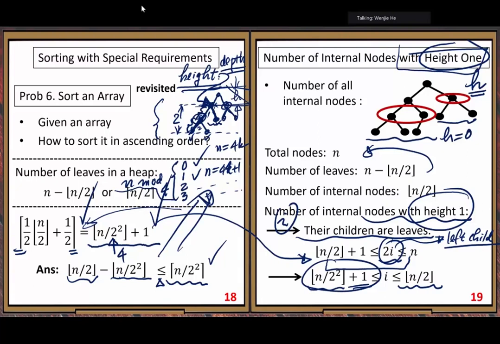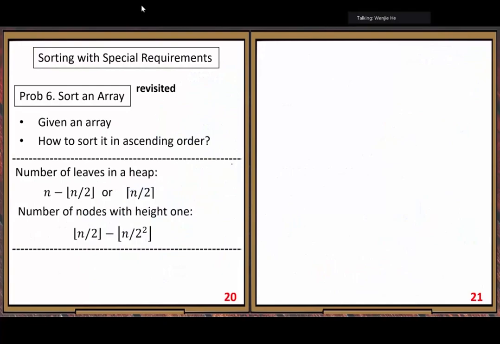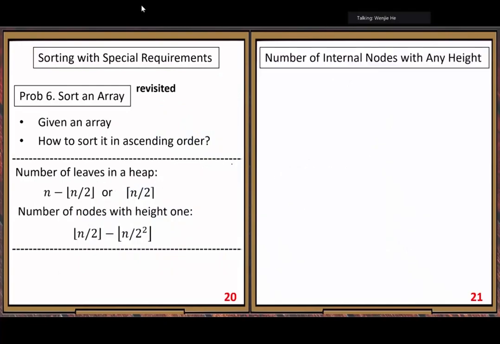For some remainders, you get an inequality case. That overall inequality. All right, so we complete our second formula. Next, we are ready for the general formula. Any height this time. Height h.